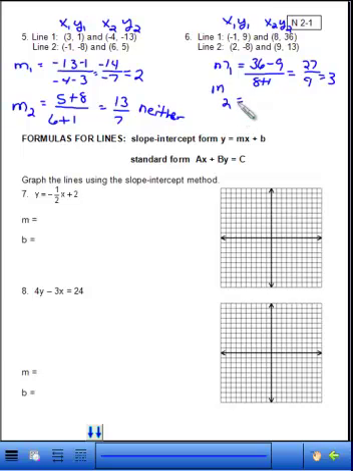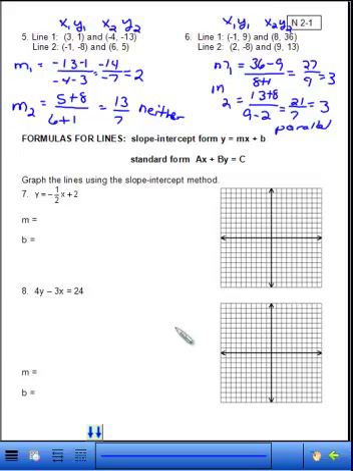The slope of line 2 is 13 plus 8 over 9 minus 2, which is 21/7. Now these are not identical fractions, but they do reduce to be the same number. And so since that is the same, these lines are parallel.